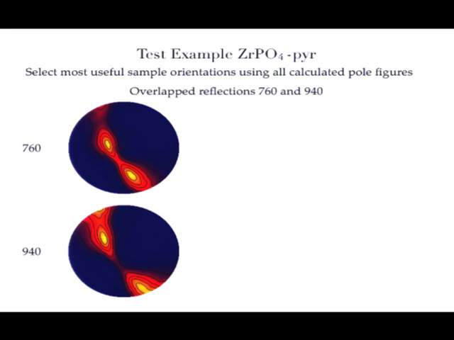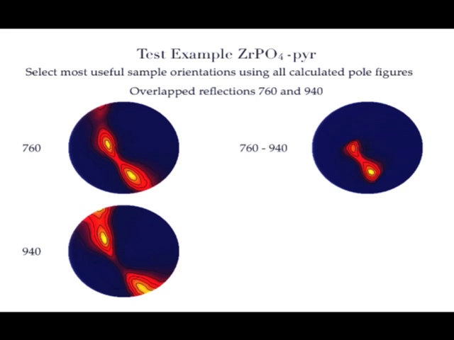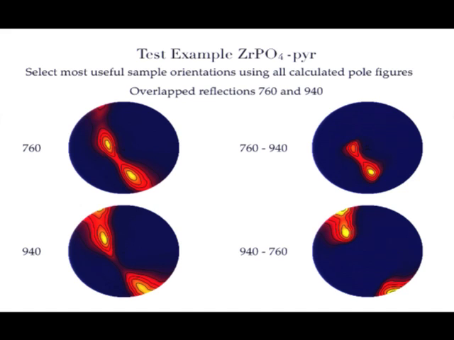And of course, the best orientation is where the difference between these two pole figures is the largest. So if you subtract this pole figure from this, you get this difference. And of course you get some negatives, but we cannot deal with negative values in pole figures, so we do the opposite as well, subtract this one from this one, and we get this.